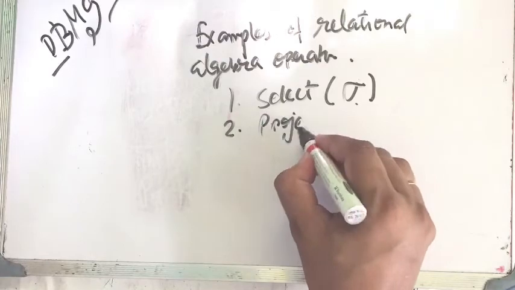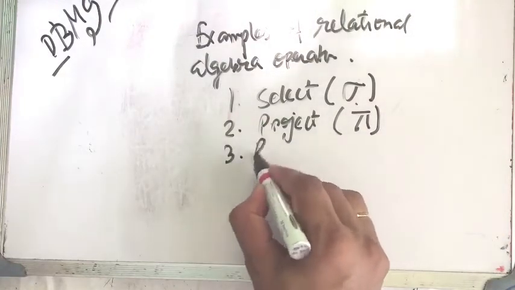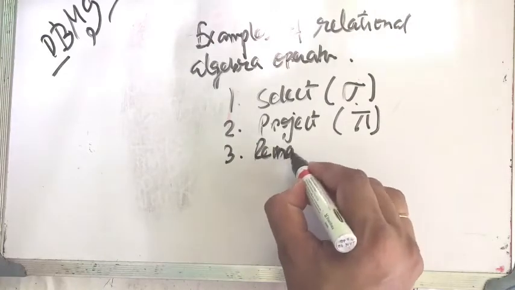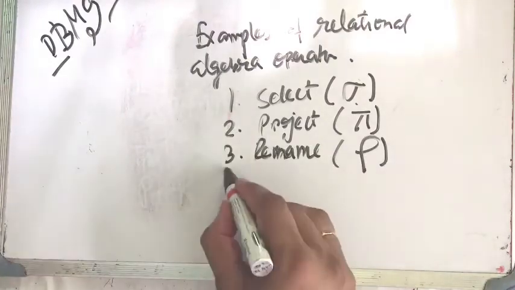Project, this is pi, P for project, P for pi. Rename, rho.